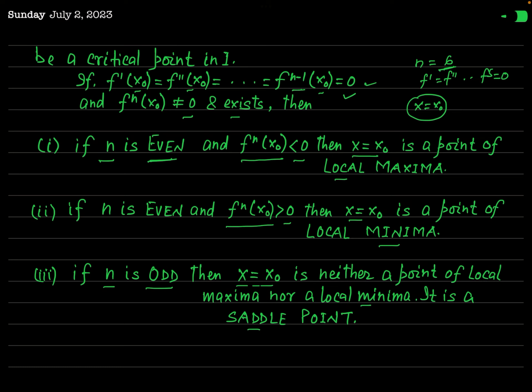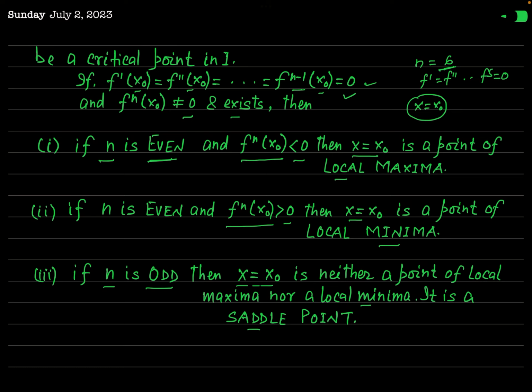Okay, and then finding the value of nth order derivative, seeing that the n is either even or odd, you can easily decide that x equal to x naught corresponds a local maxima or a local minima. Okay, so these are the rules for the nth order derivative test for local maxima and local minima.